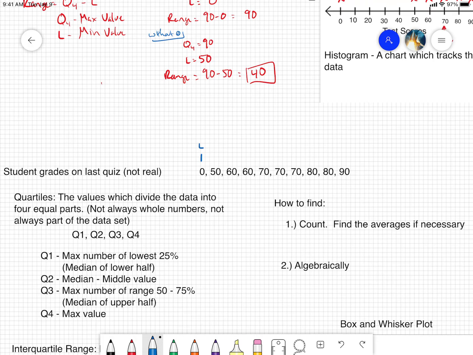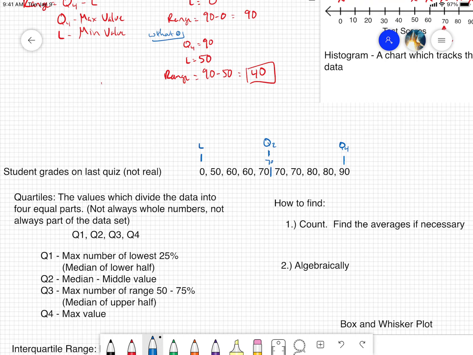We know 90, no matter what, is our Q4, our max value. Now, since we're including 0, we know that it's between 1 and 2. This point right here, this 70 in between these two, is our Q2.